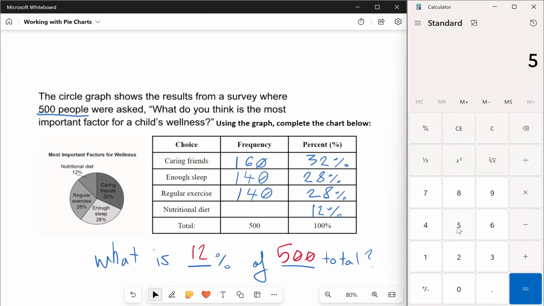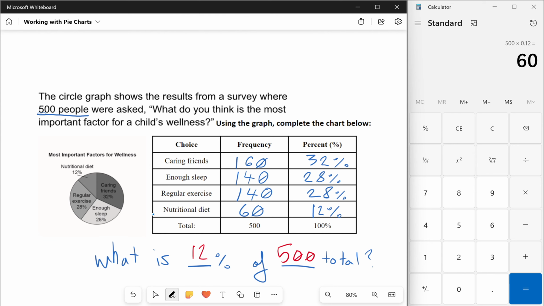Well, I take my whole number, 500, I multiply it by the decimal version of the percent. The decimal version of 12% is 0.12. Our calculator gives us 60. So I'm just going to switch back to my blue pen. Nutritional diet, 60 people chose it.